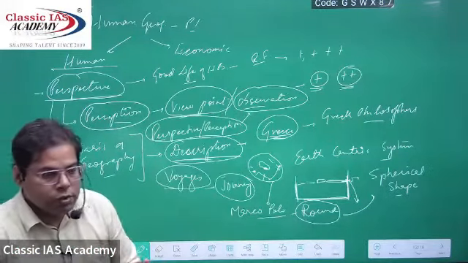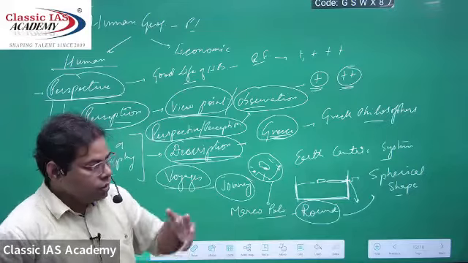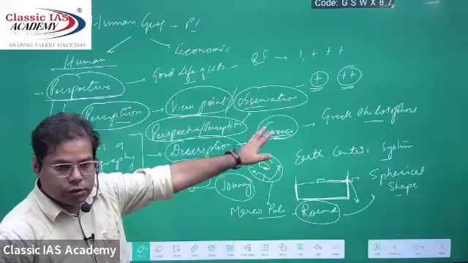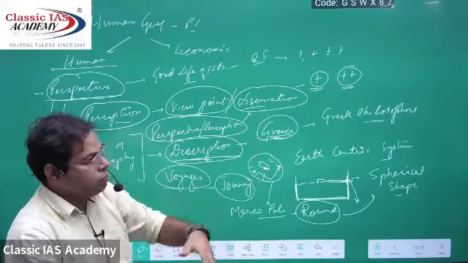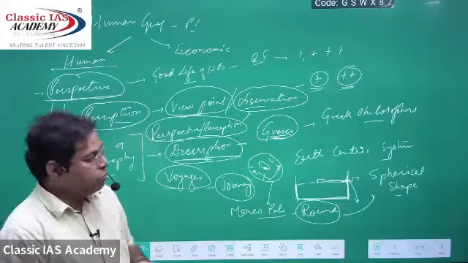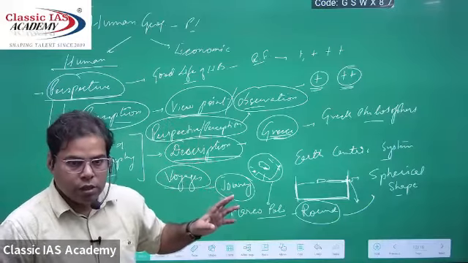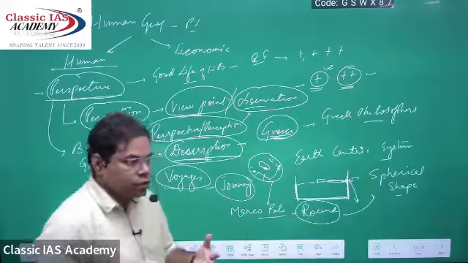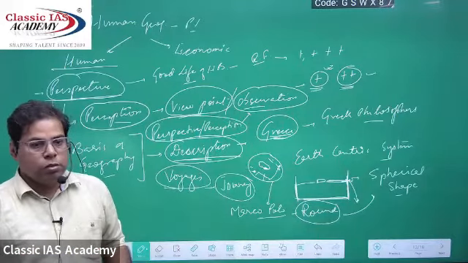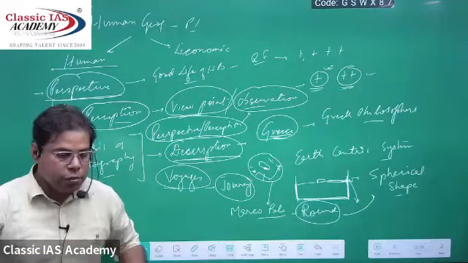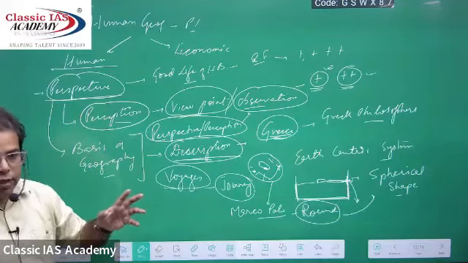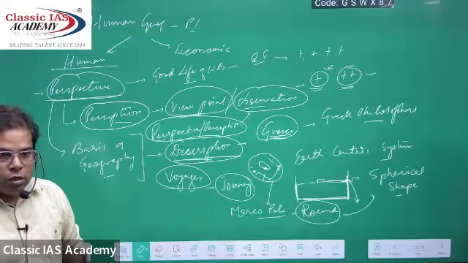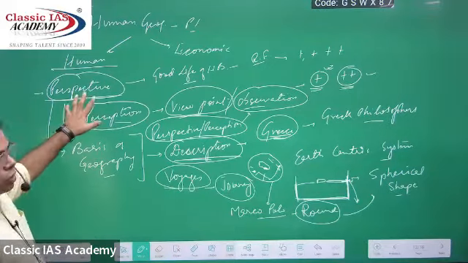You have gone and met so many people outside, which makes your perception different. Both are correct, but our perception and opinion vary. This is perspective in human geography.